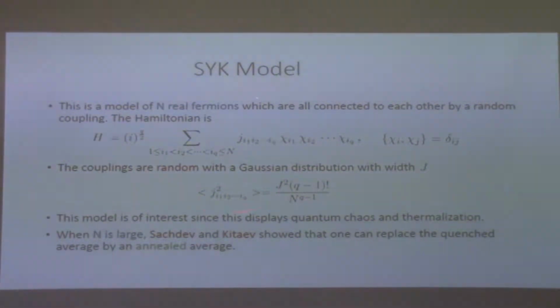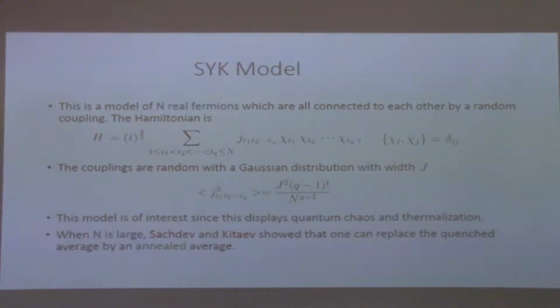The problem of having a random coupling rather than having some fixed coupling as in a standard quantum mechanical theory is somehow easier at large N, where Sachdev and Kitaev in fact showed that when N is large, instead of performing a quenched average, and by quenched average I mean you first compute expectation values and then do the averaging, or in other words, you compute the free energy and average the free energy rather than the partition function, it is good enough to do an annealed average.